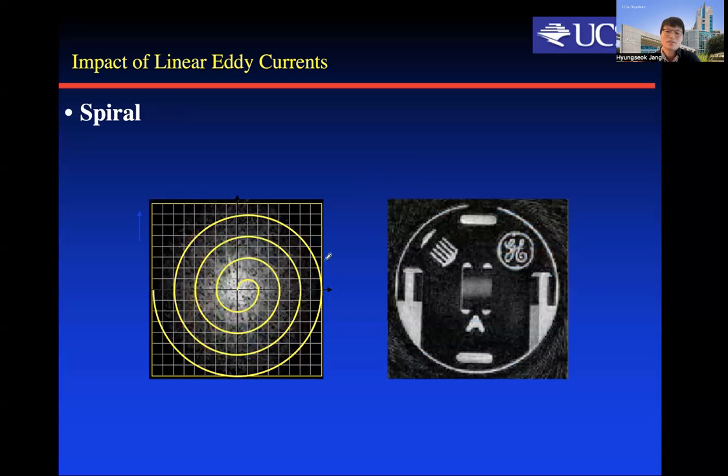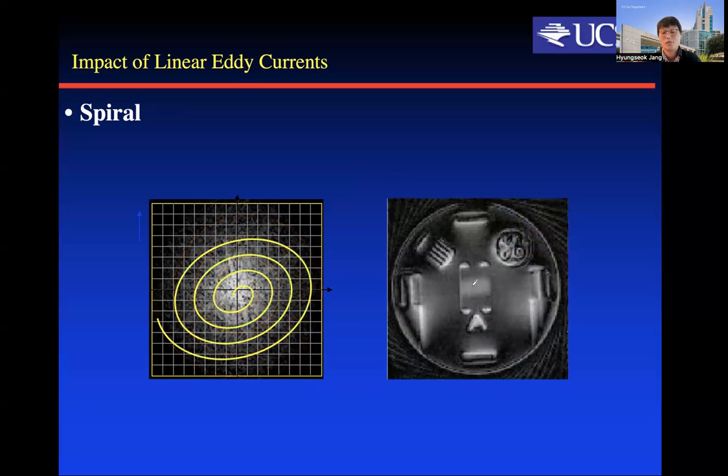And then if there is, for example, spiral imaging, and there is a linear eddy current, then your resultant image is unexpected. So you definitely want to correct for this gradient error in the non-Cartesian case.